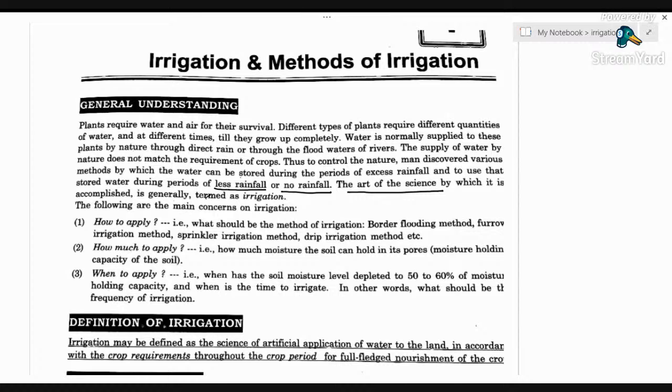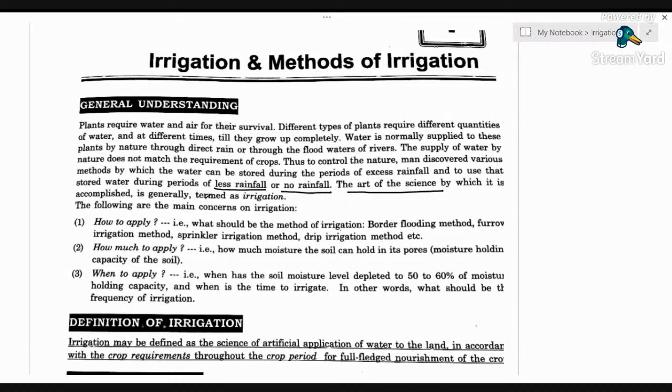Okay. So if you want to understand irrigation in detail, we can understand it by asking three questions. The first one is how to apply the irrigation, that is, what are the various methods in irrigation engineering.